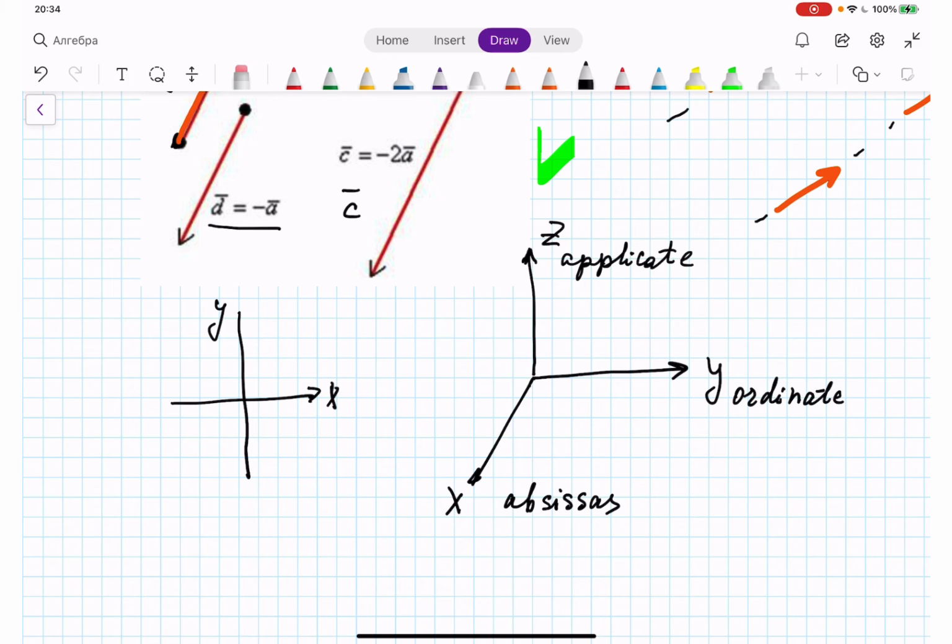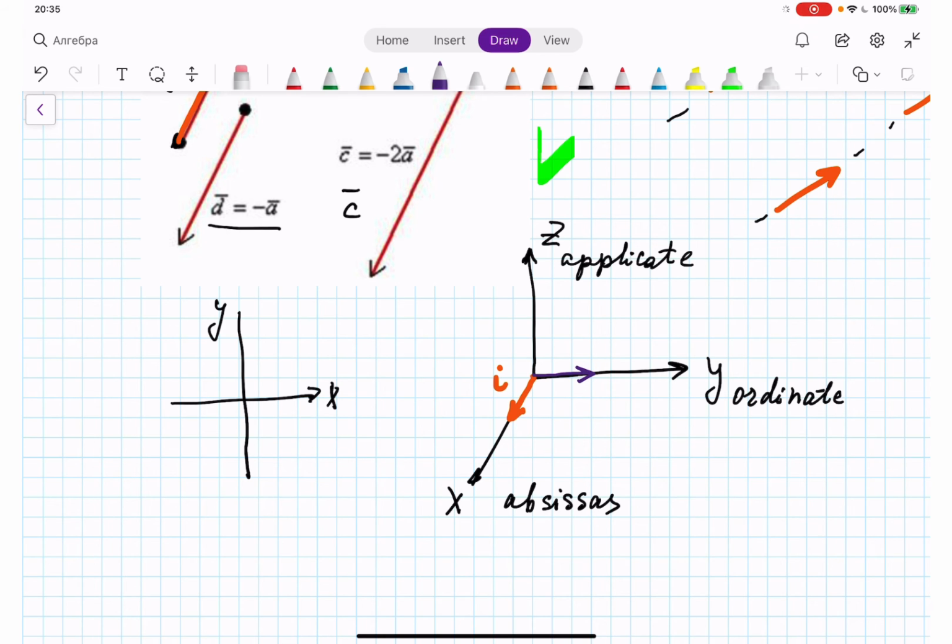What is next? We already know that a unit vector is a vector that has the length 1. The unit vector directed along the x axis we call i. The unit vector along the y axis we call j.